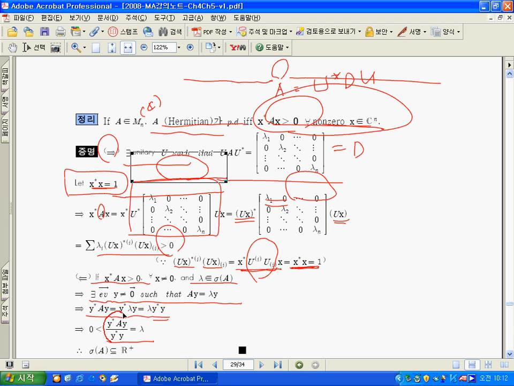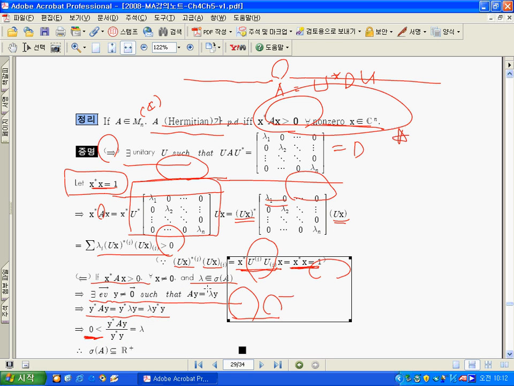But what is this? This is just lambda. That means lambda is positive from the given condition. So for an arbitrary eigenvalue lambda, we have shown it is positive. That means all eigenvalues are positive, so the Hermitian matrix is positive definite.